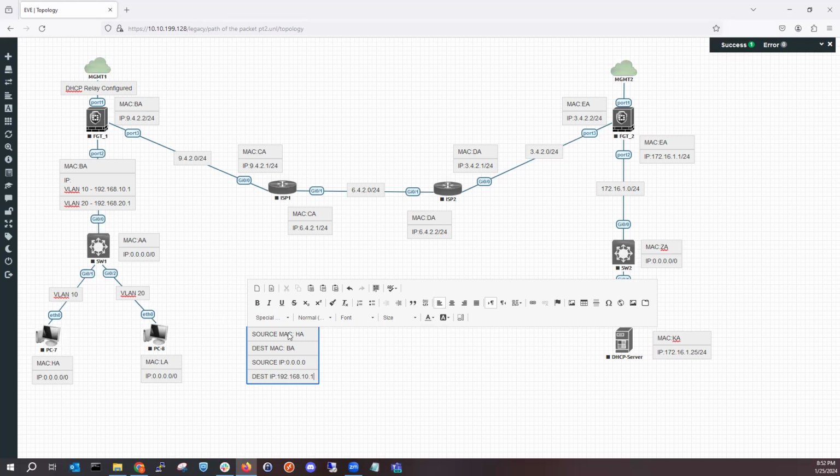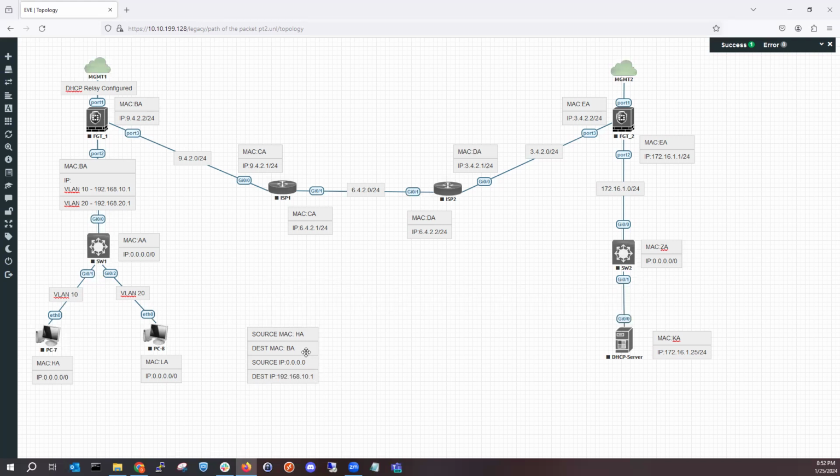So that's how the packet looks when it leaves PC7 trying to get an IP address.